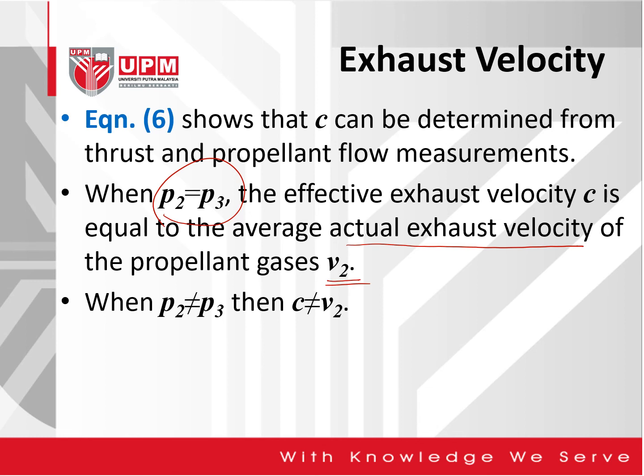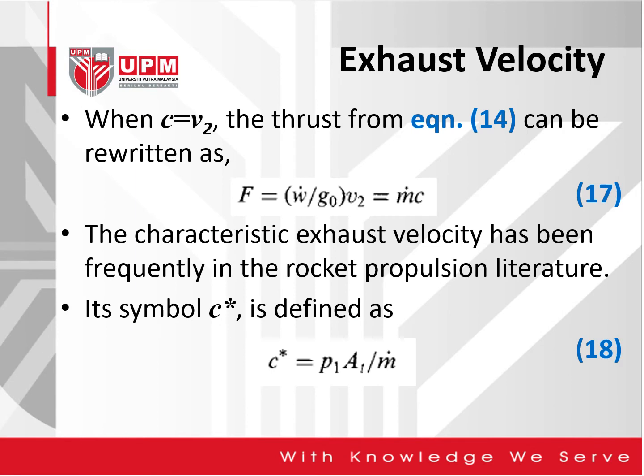So when P2 is not equal to P3, then the effective exhaust velocity will not be equal to the propellant gas velocity. When the effective exhaust velocity C equals V2, the thrust from equation 14 can be rewritten as equation 17.